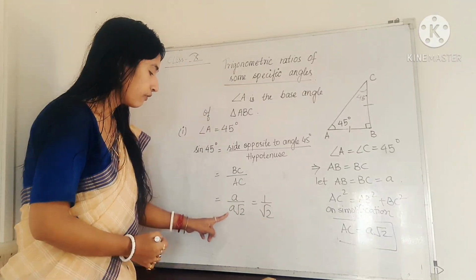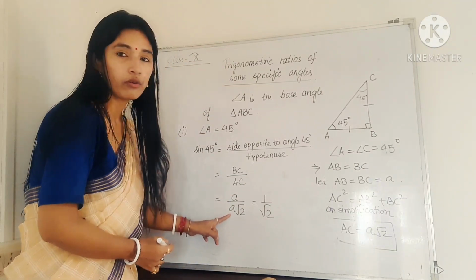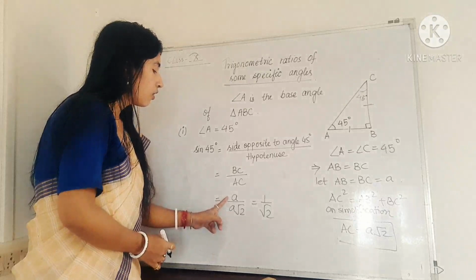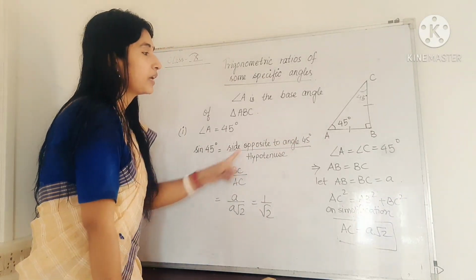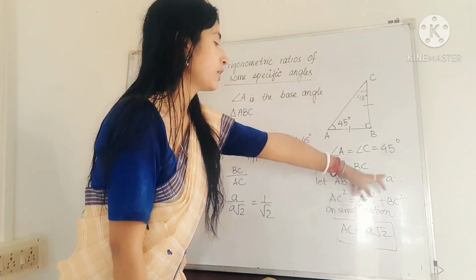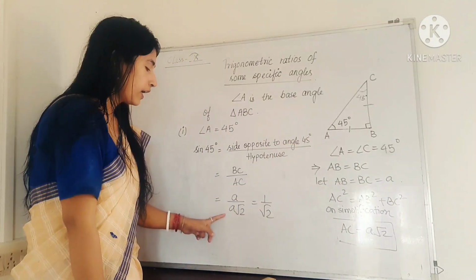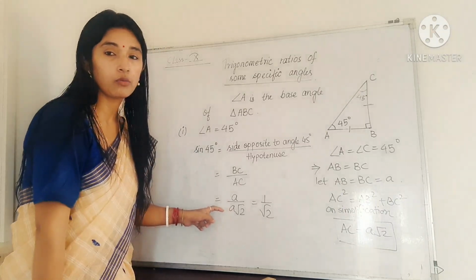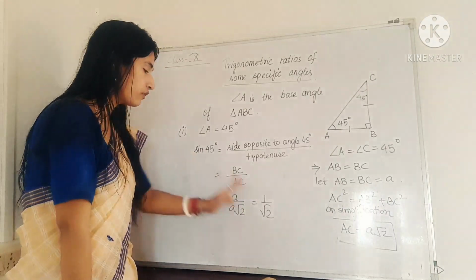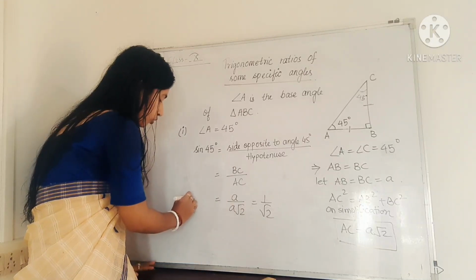So here we can write the denominator equal to A root 2, and the numerator, the perpendicular, will be equal to A. So A by A root 2, and after cancelling A from numerator and denominator we will get the value of sine 45 degree equal to 1 by root 2.